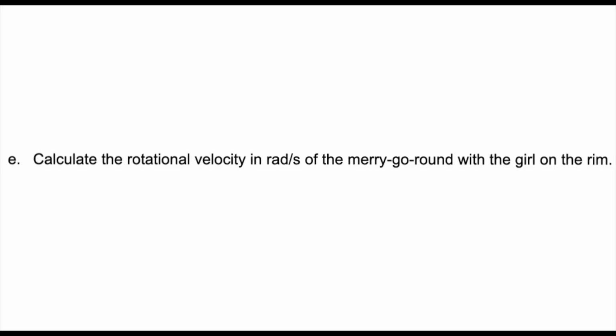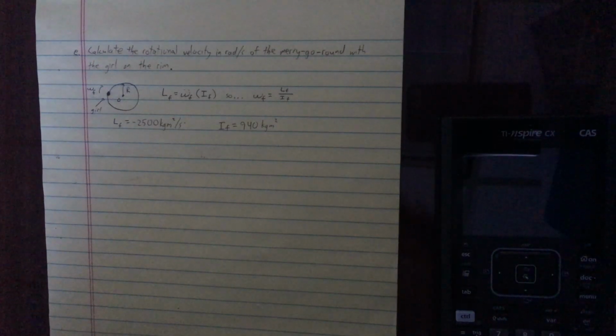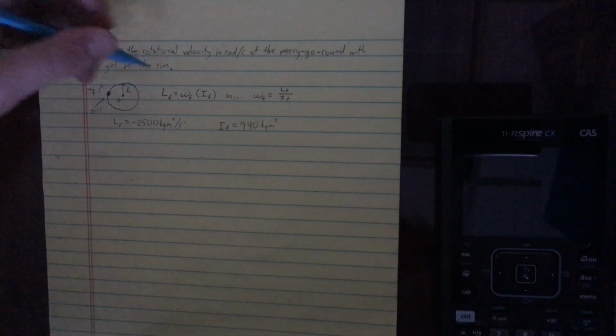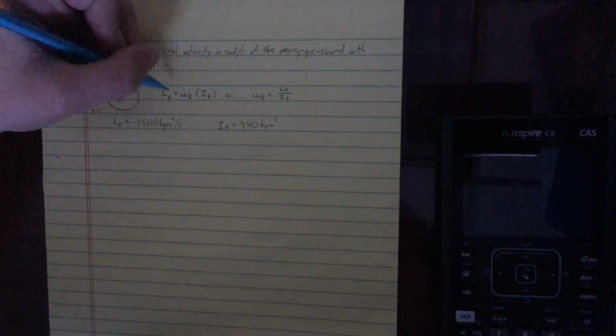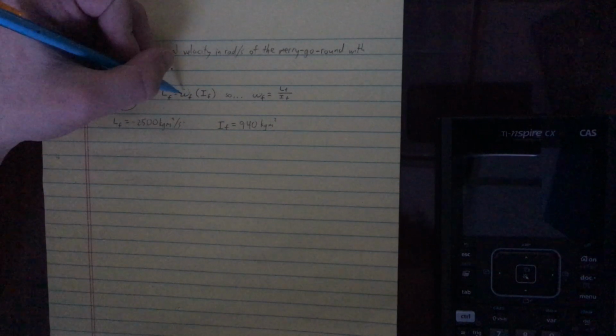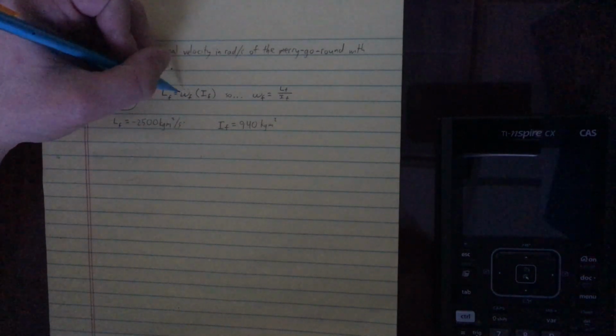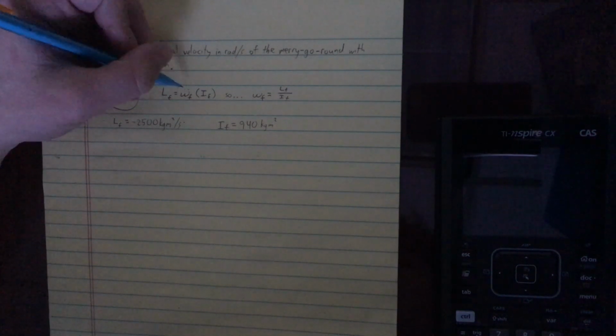We made it to the last part, part E, and it asks us to calculate that final rotational velocity in radians per second of the merry-go-round with the girl on its outer rim. To find that final rotational velocity, all we're going to do is use the angular momentum equals rotational velocity times rotational inertia equation and solve for rotational velocity.